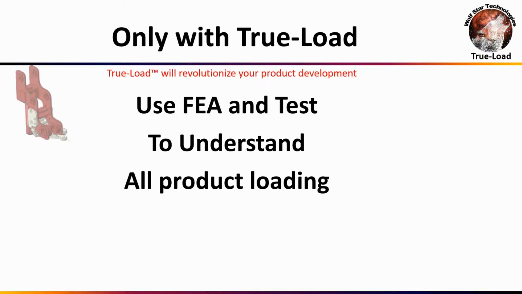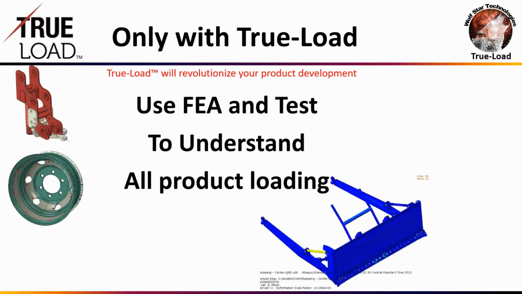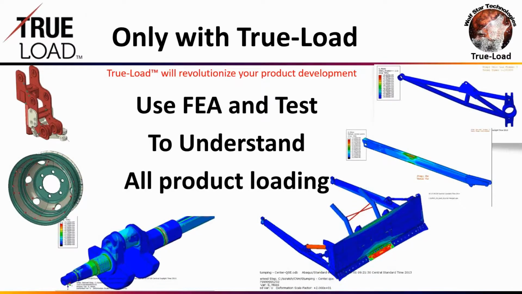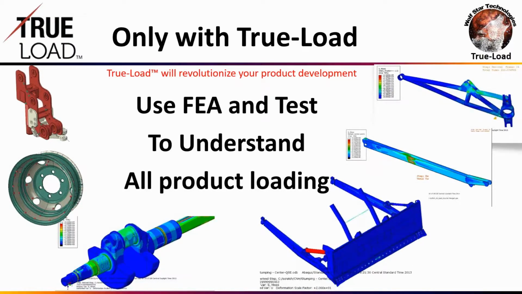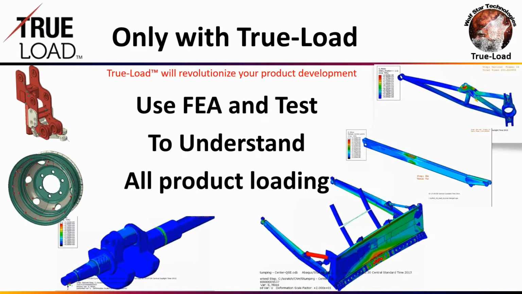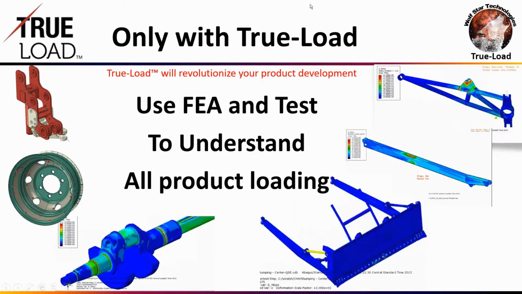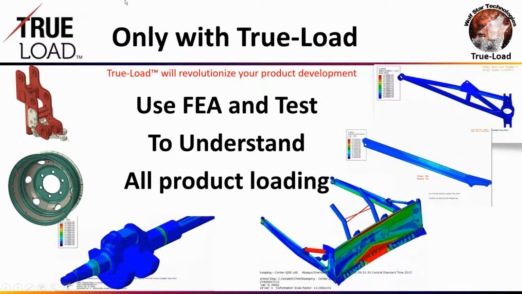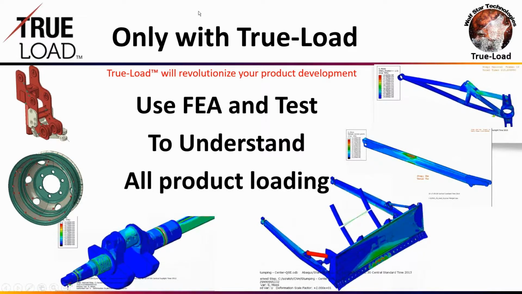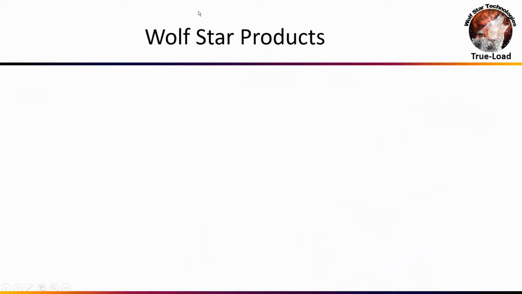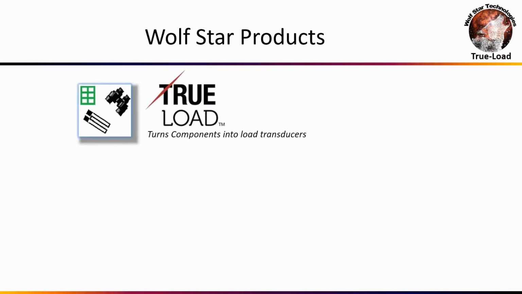So TrueLoad basically is all about letting you leverage the FEA model and the test data to work together to understand your product loading. These are all examples of customer applications that we've done in the past, and really the products from Wolfstar Technologies are our flagship product, which is TrueLoad. TrueLoad turns components into load transducers, and we do this by selecting strain gauge placement on the FEA model.